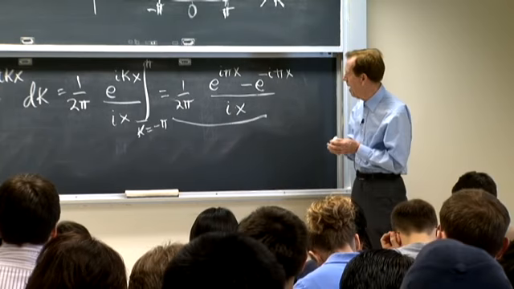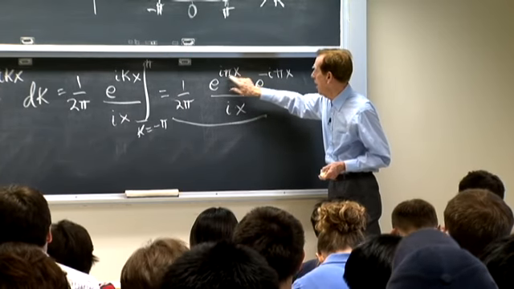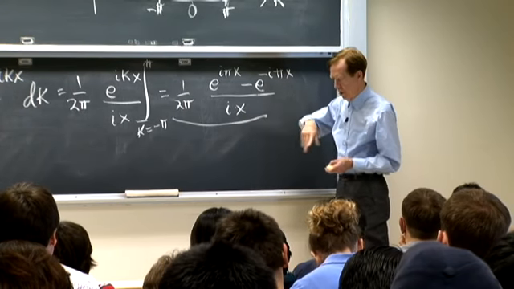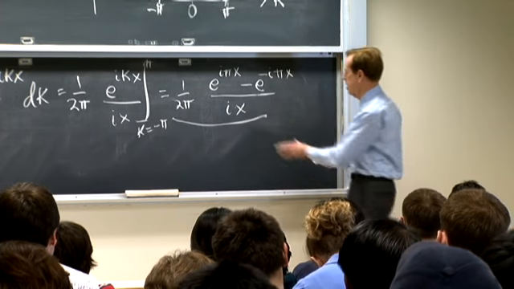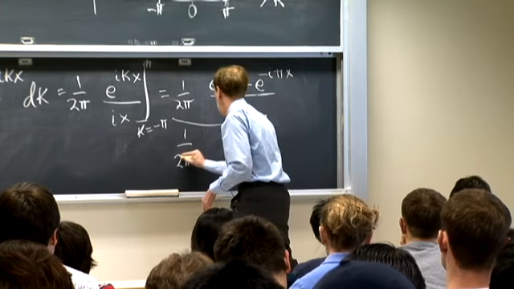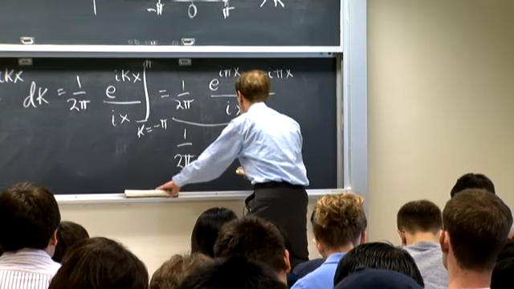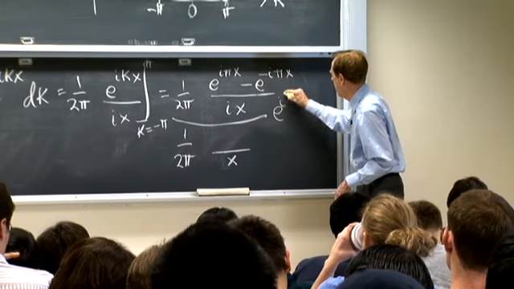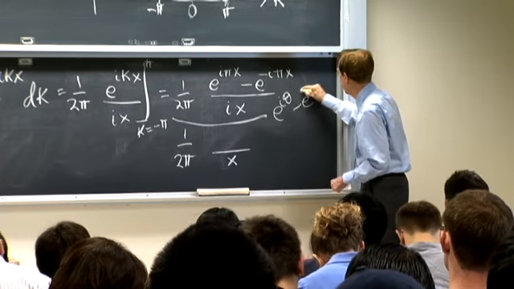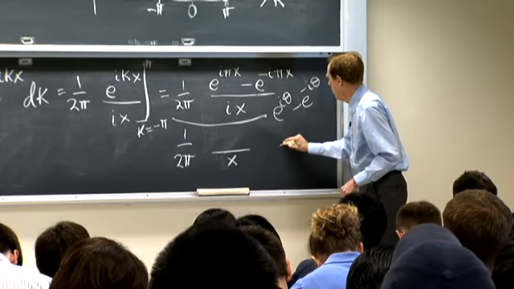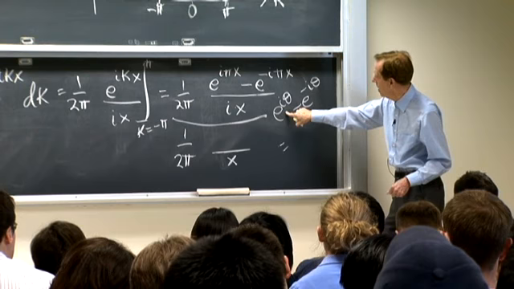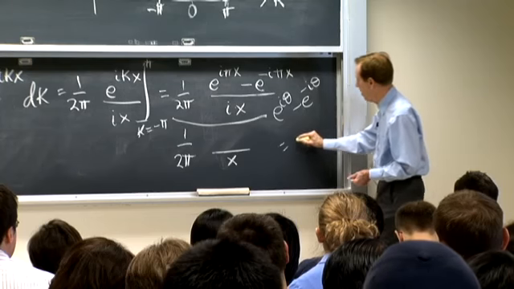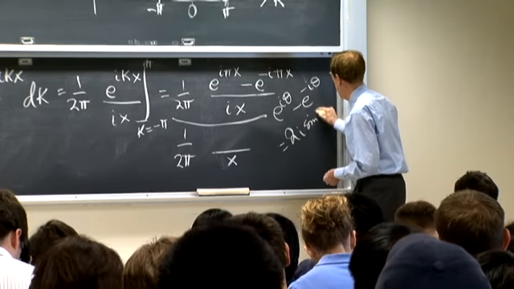I recognize the sine: e to the i theta minus e to the minus i theta, divided by 2i, is the sine. So I have 1 over 2 pi, and here's the ix. Well, no, the i is part of that sine trick. I'm just using the fact that e to the i theta is cosine plus i sine, and subtracting e to the minus i theta, cosine minus i sine, gives 2i sine theta.